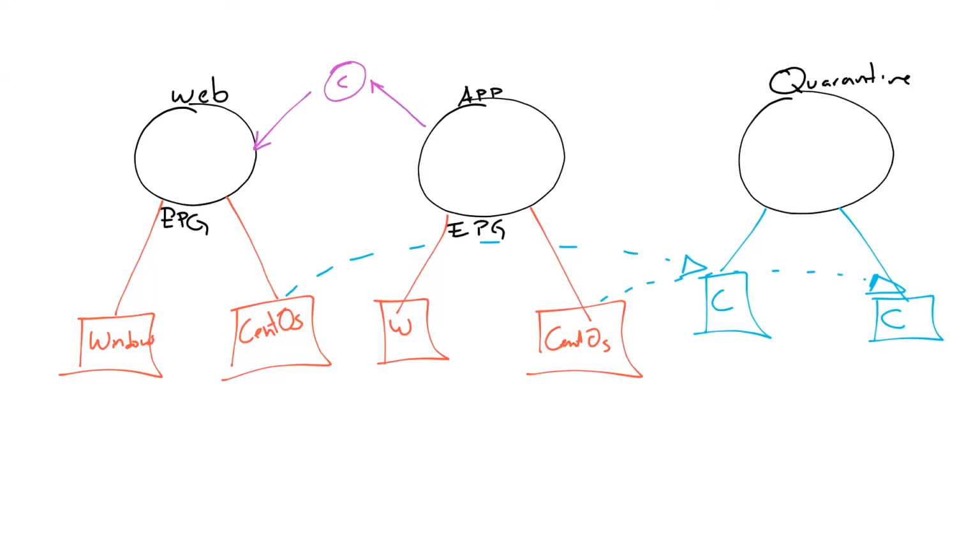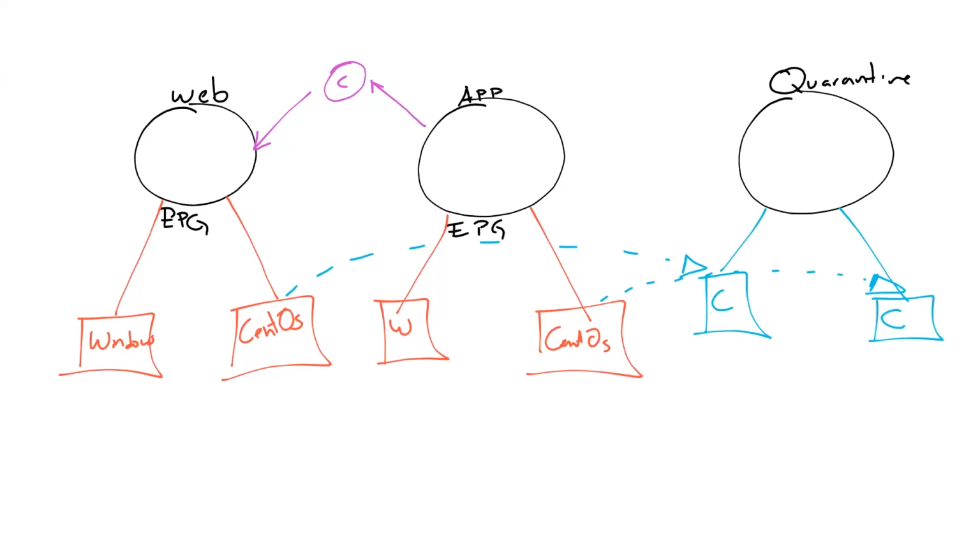So you're actually protecting your whole data center environment automatically. You just set the policy, hey, I need all the CentOS servers to be moved into a quarantine EPG. And you can configure all these moves based on VM attributes, network attributes, and IP attributes.